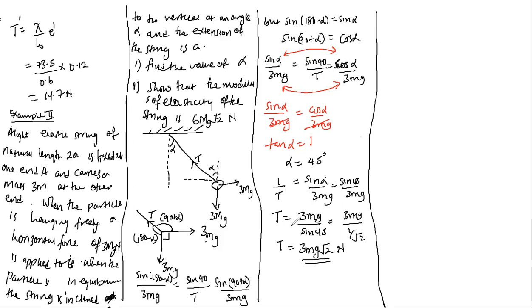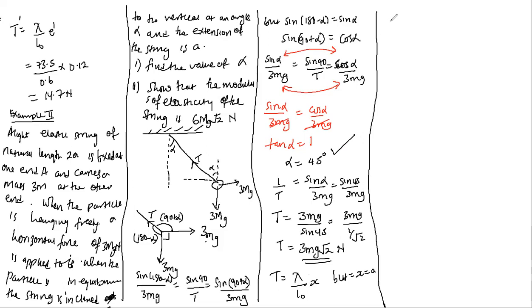Show that the modulus of elasticity is that. But I told you, for modulus, you first need to find tension. So having gotten the tension, we shall recall that tension is got from lambda over natural length times x. But the statement in the question says x is actually equal to a.